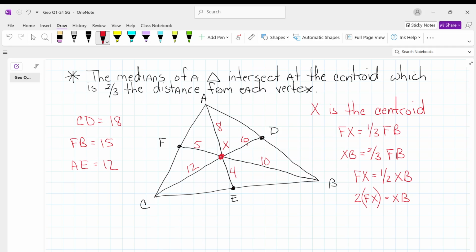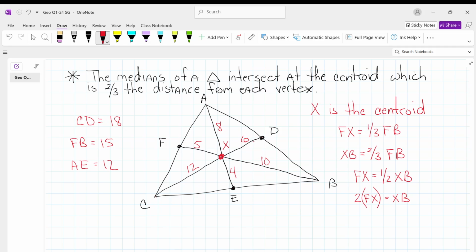So can everybody see the difference between the short piece and the long piece? Okay. The short piece goes from the center to the side, or from the centroid to the side. The long piece goes from the centroid to the vertex. The short piece, all right, is always 1/3 of the entire piece.